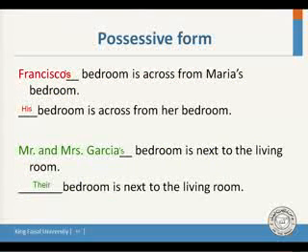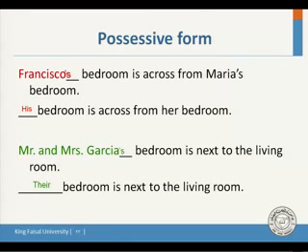The following topic is about the possessive form. The possessive form, such as Ahmad's room, his room, Layla's room, her room. Look at these examples. Example number 1. Francisco's bedroom is across from Maria's bedroom.